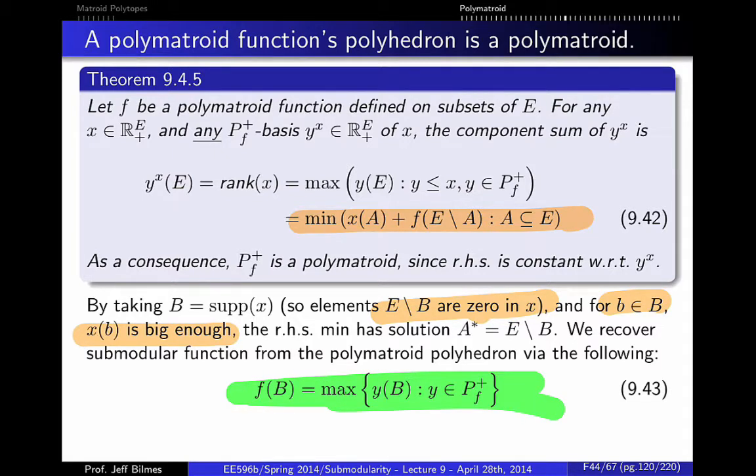So the polytope has encoded within it all possible valuations of the polymatroid function. Namely, f of B is equal to the max of y of B subject to y being in this thing.